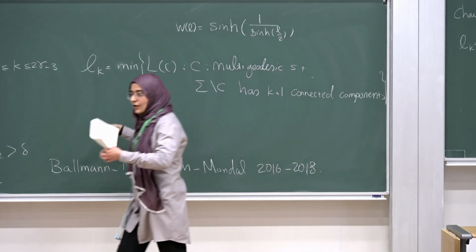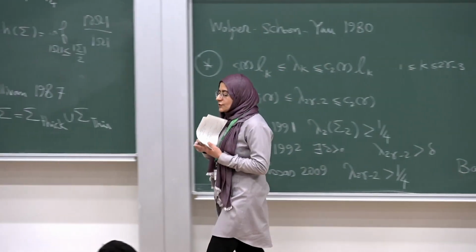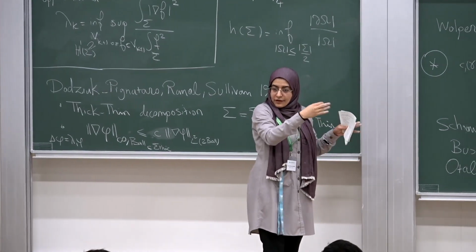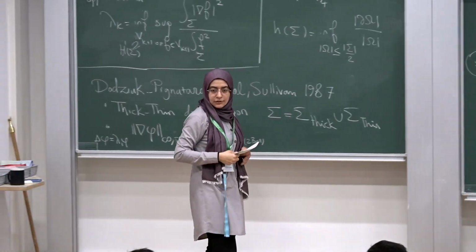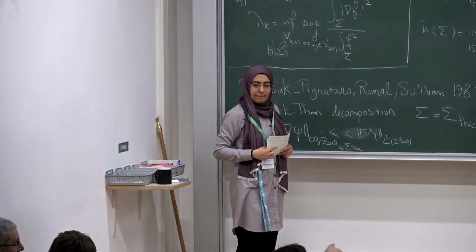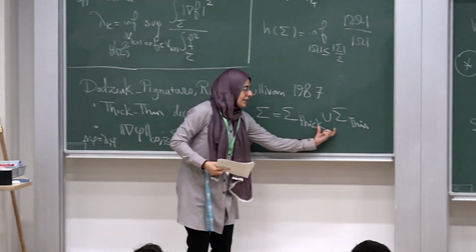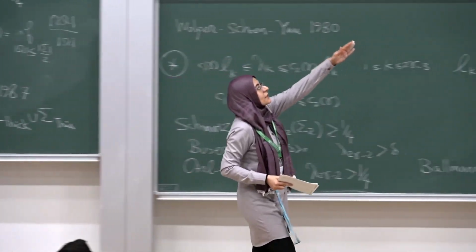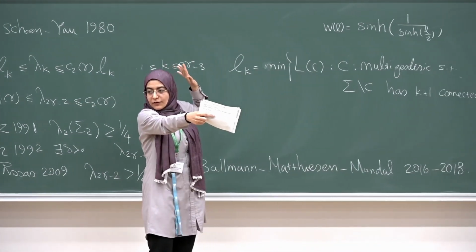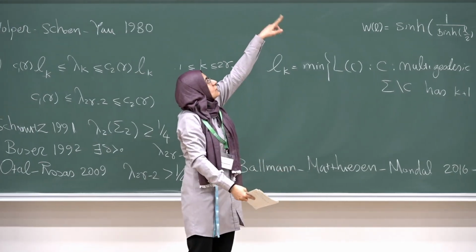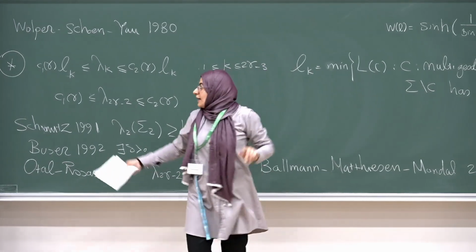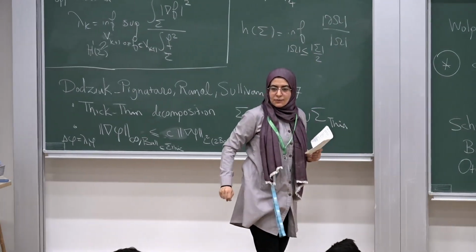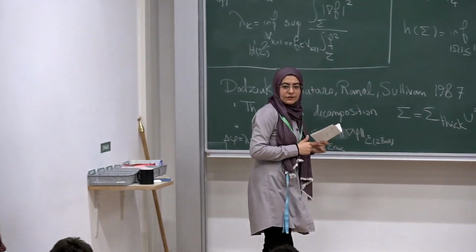So we have an explicit formula for W of L, and everything will be boiled down to that. Here it's probably not clear, but the end of the thin part will actually be in the thick part. The injectivity radius on the boundary of the collar is bigger than sinh 1, so it covers all of the surface.